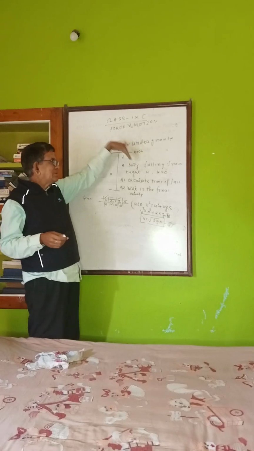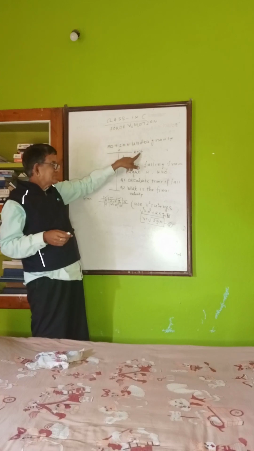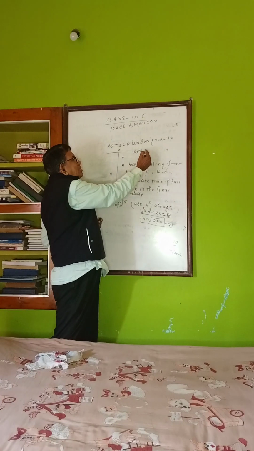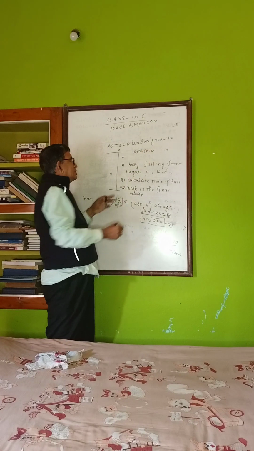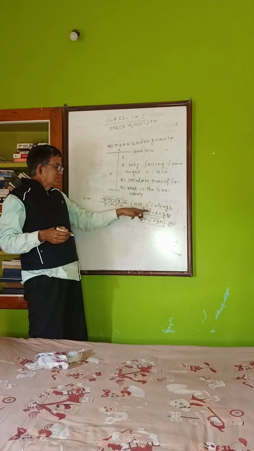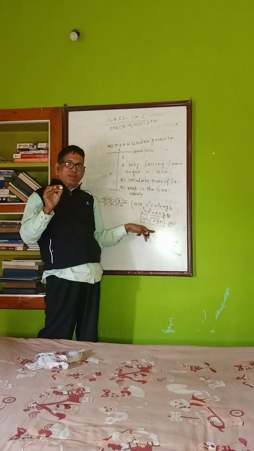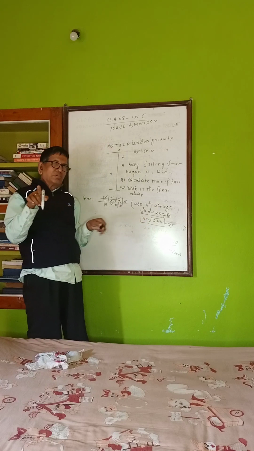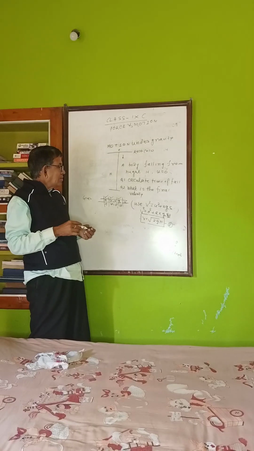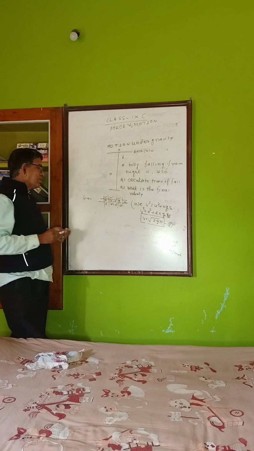Suppose motion under gravity. When a body is falling under gravity from rest, rest means u equal to 0. Now using this formula it is clear what v is: instead of u put 0, 2gs, V square equal to 2gs. If g is given as 9.8 you put it, if it is not given you consider it is 10.